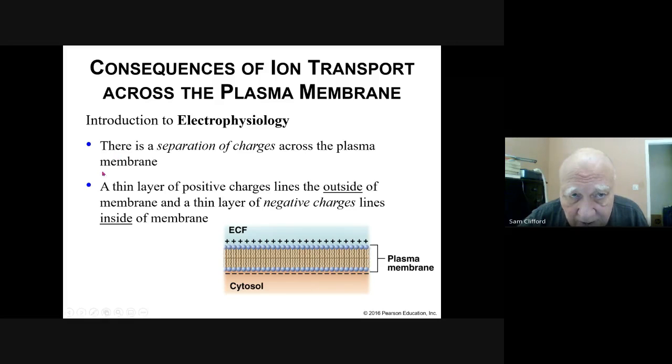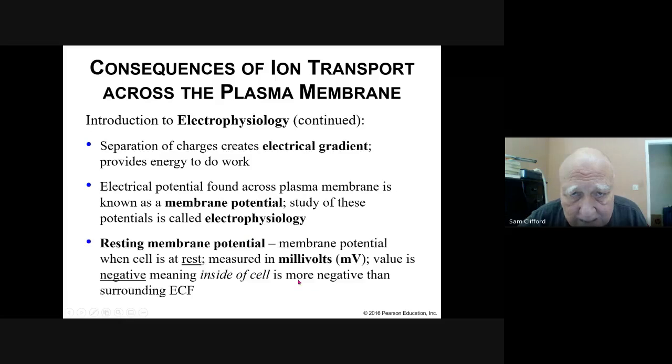Inside the cell, there's going to be a lot of negatively charged proteins and other molecules that can't leave. So this is called the resting membrane potential. The outside of the cell is positive compared to the inside. It creates an electrical gradient.